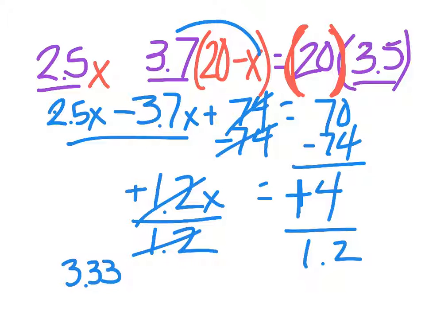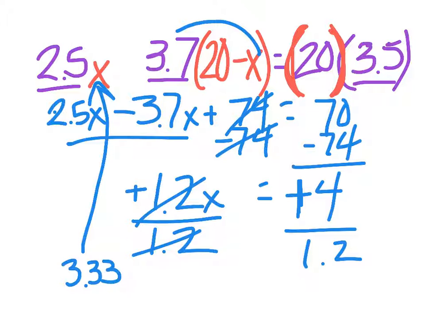Okay, now you have to see where that goes and what they're asking. Because this 3.33 is x. So that's the amount of the 2.5 water that you need. To get the 3.7 water, which is I think what they ask for. Yeah, they ask for the 3.7.